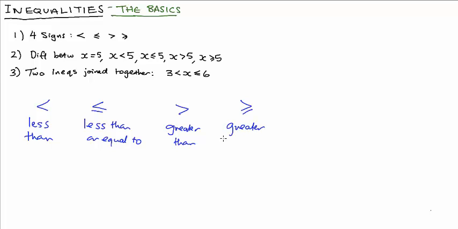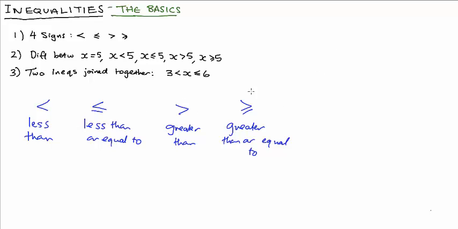Yeah, this is greater than or equal to. You see really these two are exactly the same, but this has one extra little line. You know how this is equals? It's almost like they're trying to say, look, less than, that's what this one is. But if I make that, do you see how that kind of looks like equal? So they're saying less than, but also equal to. That's all they mean.